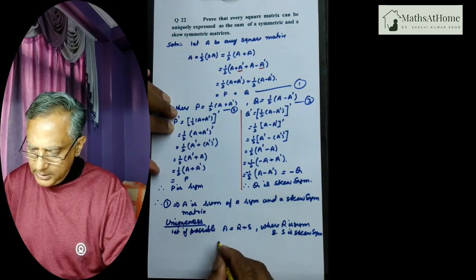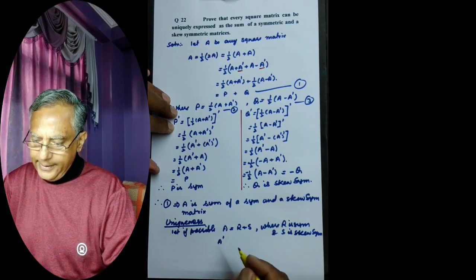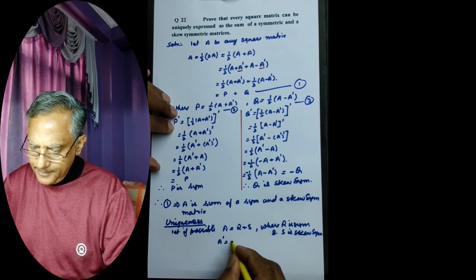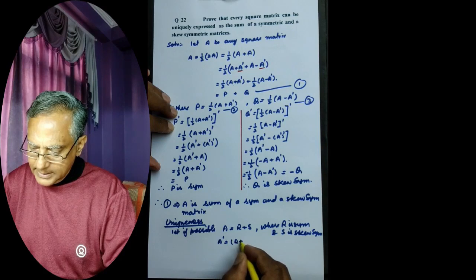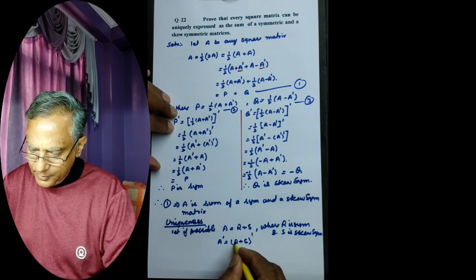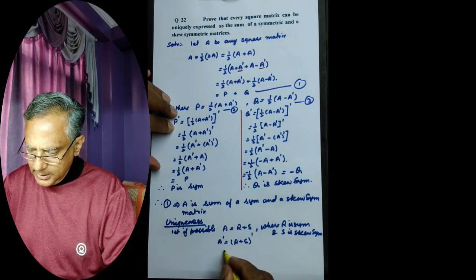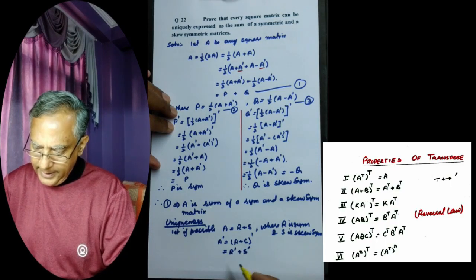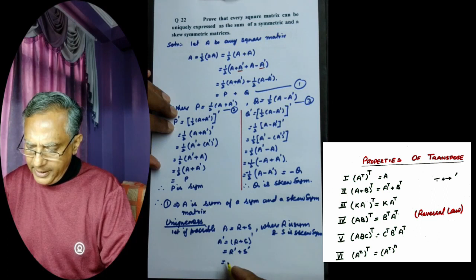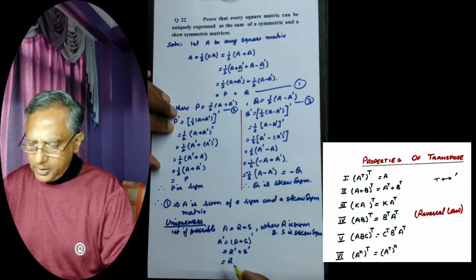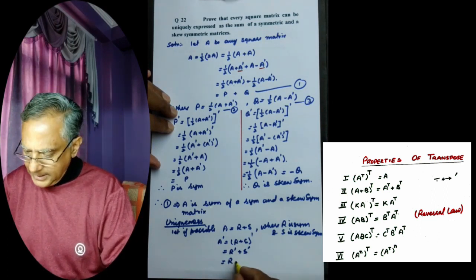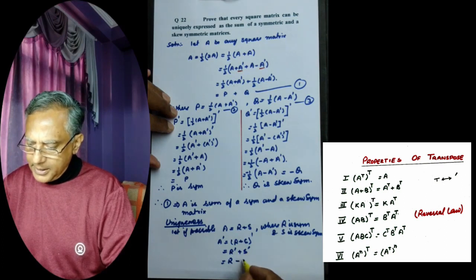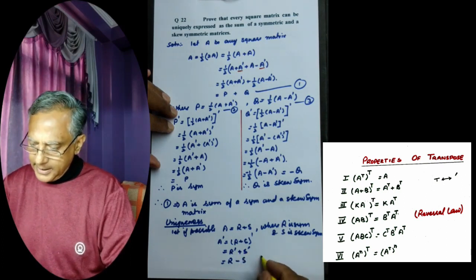So what we do is we find A'. So A' is (R + S)'. So this is equal to R' + S'. Now since R is symmetric, therefore R' must be equal to R, and S is skew symmetric, therefore S' must be equal to -S.